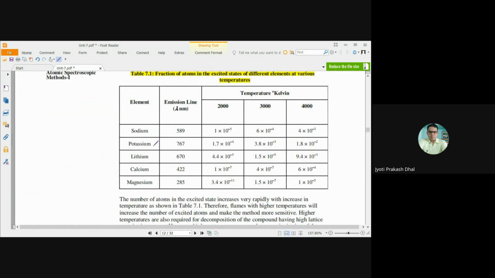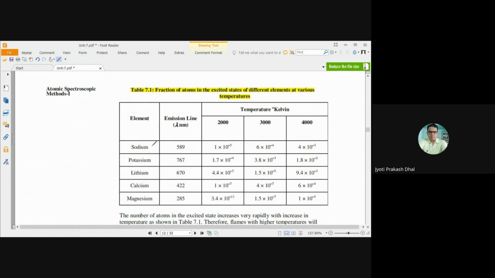So here, if we observe the flame photometry of sodium atom, the emission line will be obtained at 589. If the temperature of the flame is 2000 Kelvin, the fraction of atoms in the excited state at different energy levels is 1 into 10 to the power minus 5.